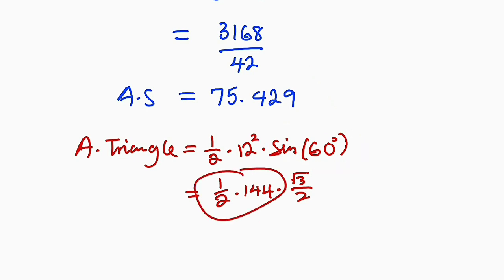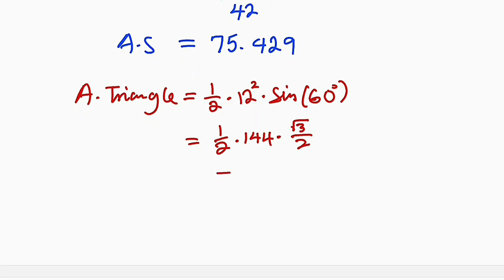Half of 144 is 72. So this is equal to 72 multiplied by root 3 divided by 2. And if you divide 72 by 2, you get 36. So this is equal to 36 root 3.